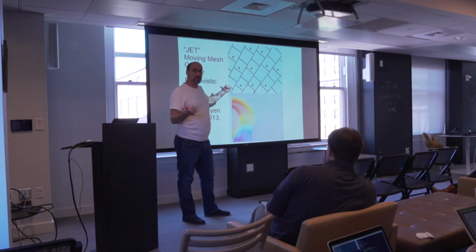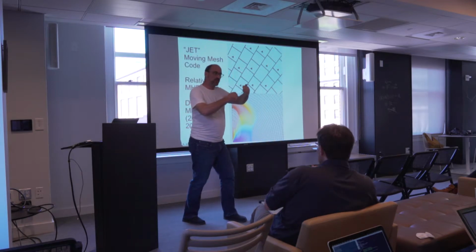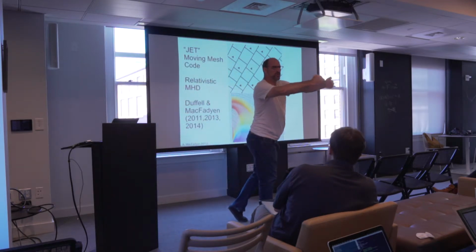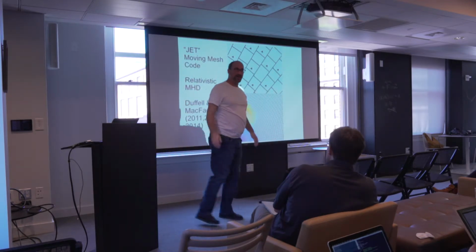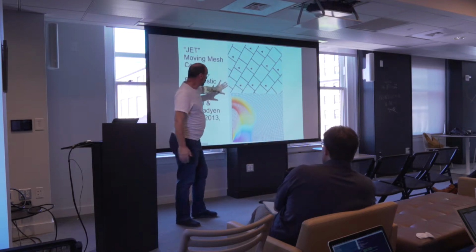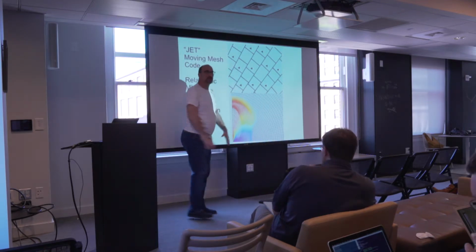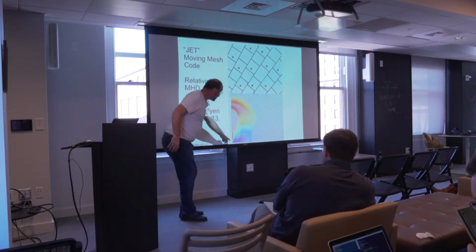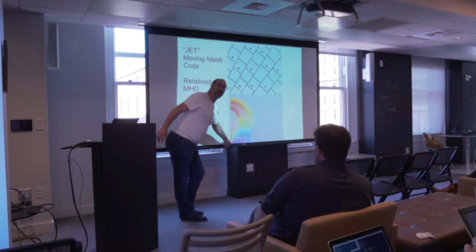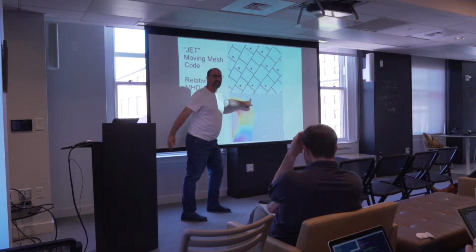What we did before, what I showed you earlier, was to use adaptive mesh refinement, so we were always changing the resolution dynamically in a very complicated way. This is much more elegant. Basically, the zones are moving with the fluid as it expands from scales of a kilometer all the way to scales of 10^18 centimeters.